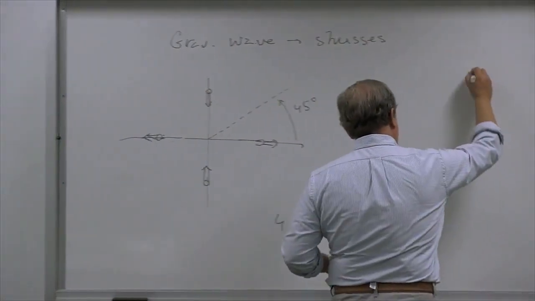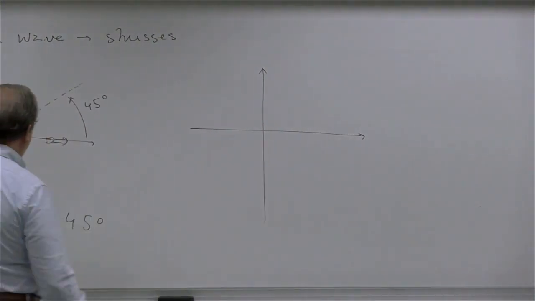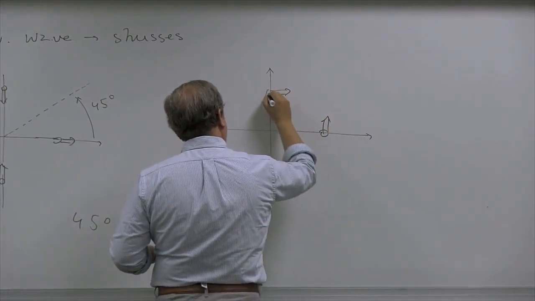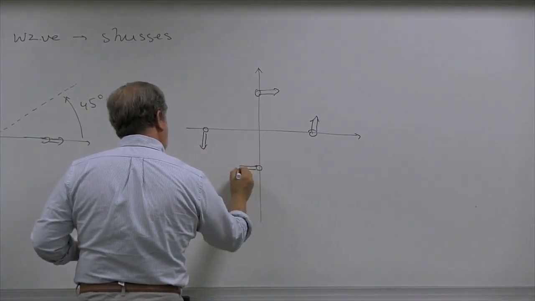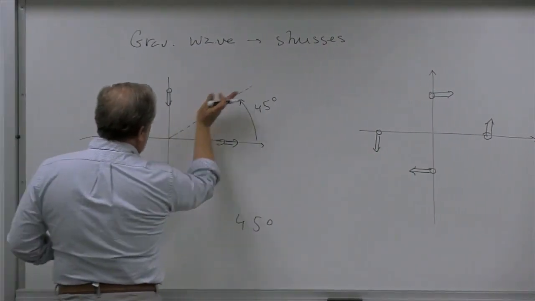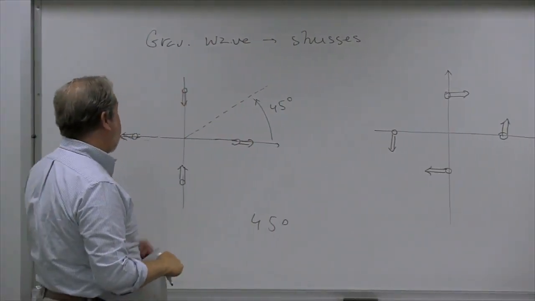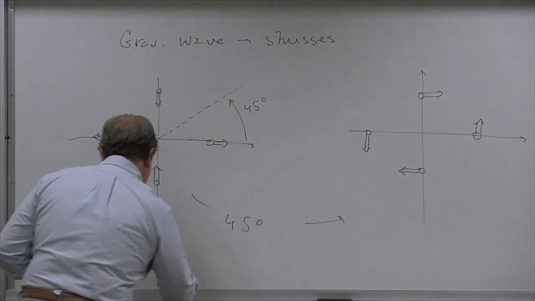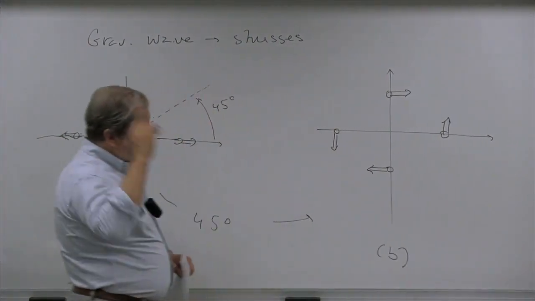And what we end up with on this side is something that can be described in terms of these polarizations, because having an arrow pointing this way is in fact equivalent to having this situation. So we move the vectors back along the axis, and we can go from one to the other by this 45-degree rotation. So if this is A and this is B, we go from one to the other with 45 degrees.